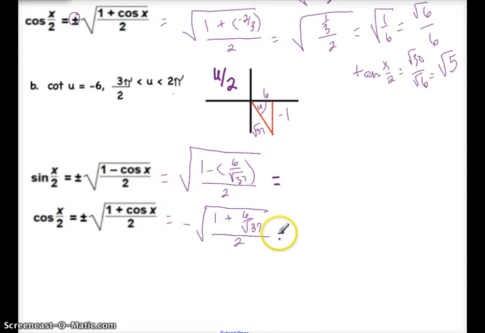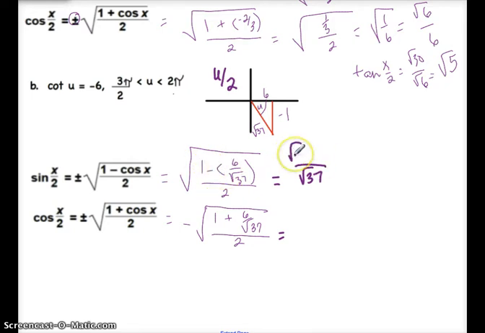So to simplify these, you can find a common denominator, add like terms, divide by 2, or you can put that into your calculator and let it do the work for you. I know that my common denominator is going to be the square root of 37, and this is root 37 divided by root 37.